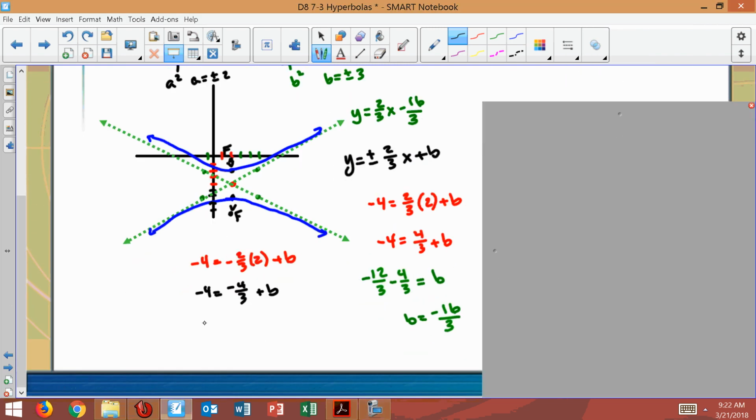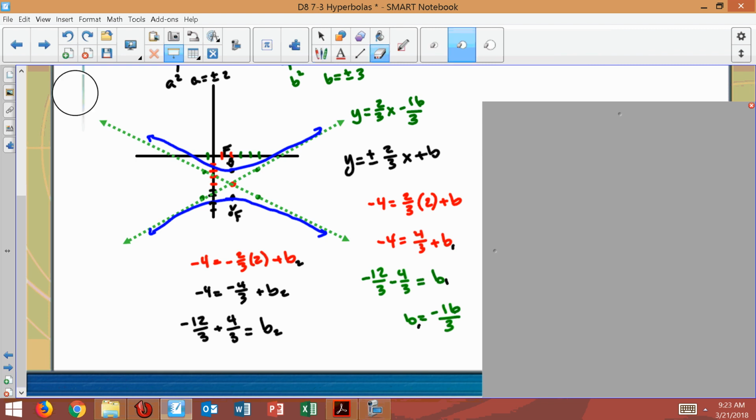So again, it's basically the same math, but I have -12/3 this time plus 4/3 equals b. And I should call this one b2. And over here, we'll call it b1, just so we're not confused. This equation we just found, we would have y equals -2/3 x, and this would be -8/3. And that would be the equation for this asymptote.